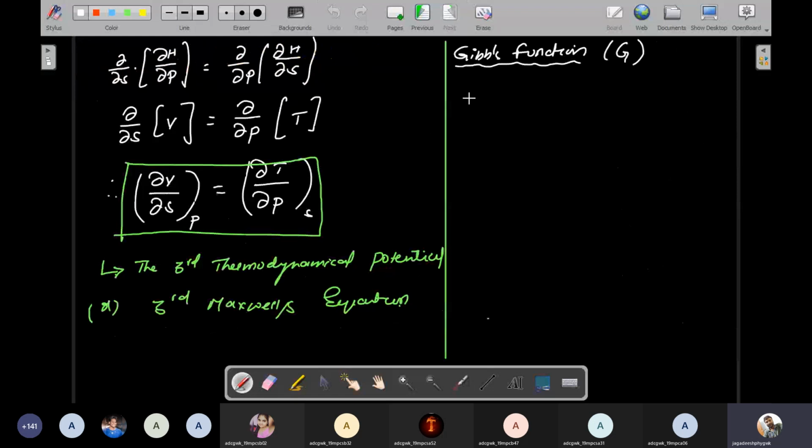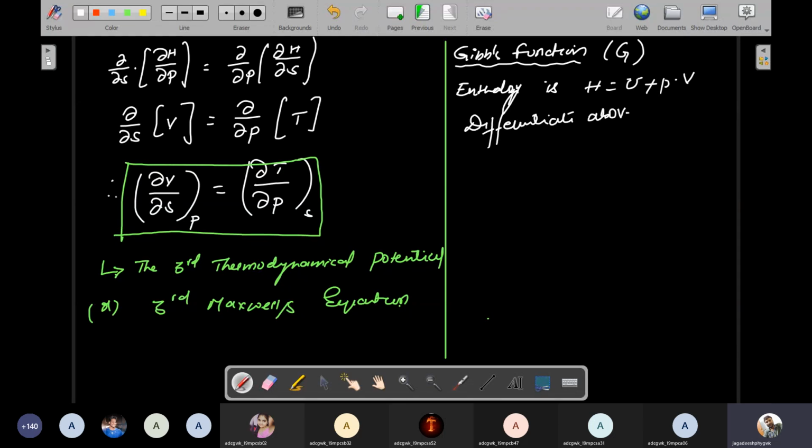Once again I write the enthalpy function: H is equal to U plus PV. Then simply differentiate the above equation.